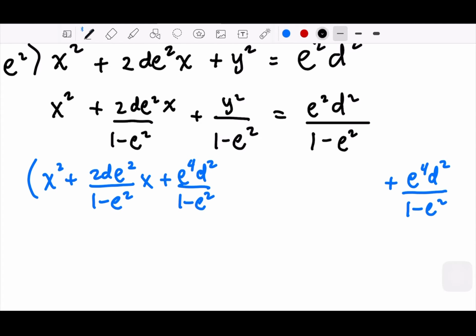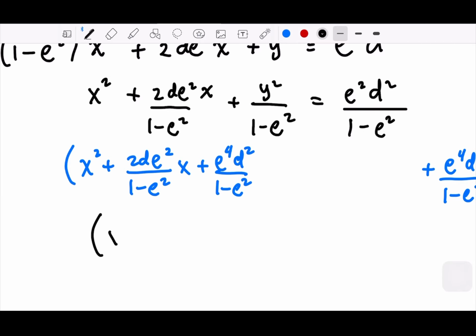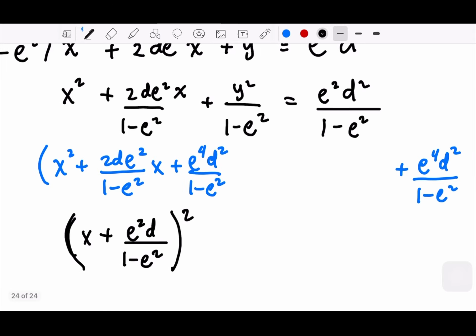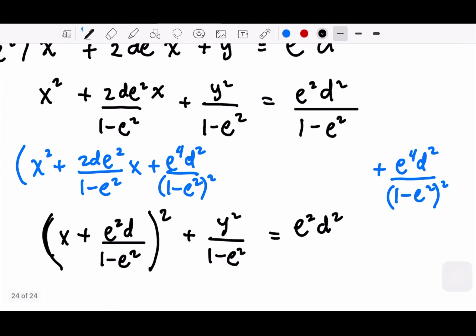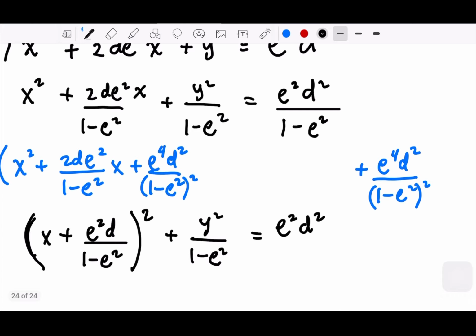Or we can directly write that this will be x plus e squared d over 1 minus e squared, and then squared, right? Or this should be squared. And then plus y squared. And then this will be e squared d squared, and because we already added this, it turns out to be 1 minus e squared squared.